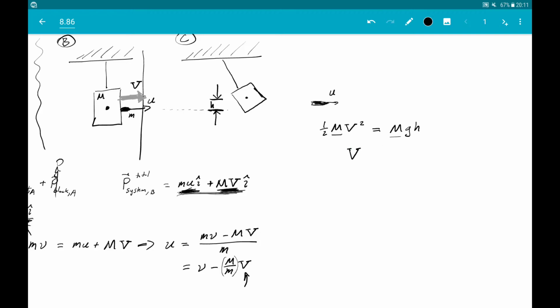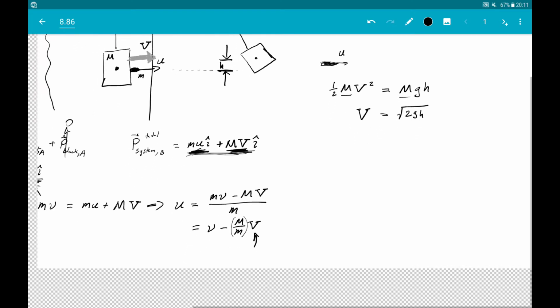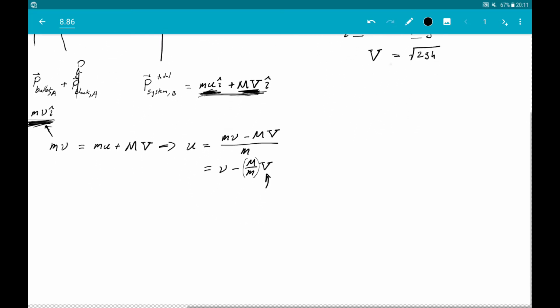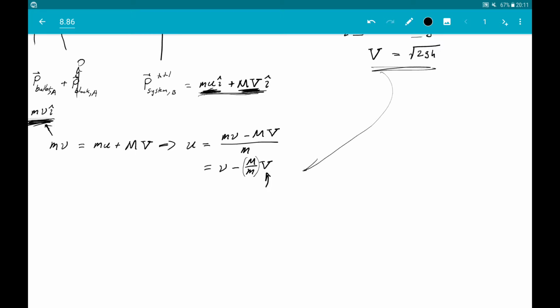And based on the height that the block went up, I've got the speed of the block right after the collision. So use this result back down here. The speed of the bullet is the initial velocity of the bullet minus this ratio times the square root of 2gh.